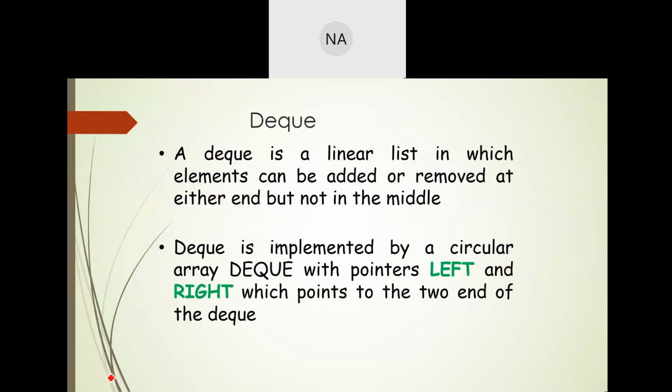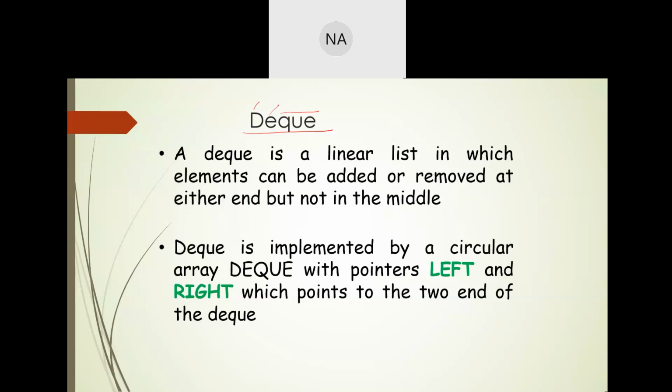Now, deck. Deck is also a queue data structure with some variation. Deck is basically a double-ended queue. So D is for double, E is for ended, and QUE is for queue. So what does it mean by double-ended queue? In the double-ended queue, insertion and deletion can be performed at both ends.